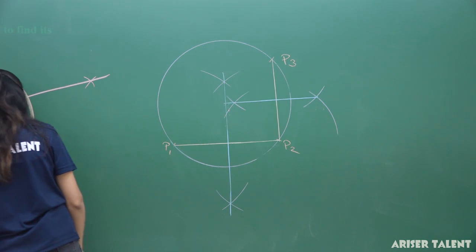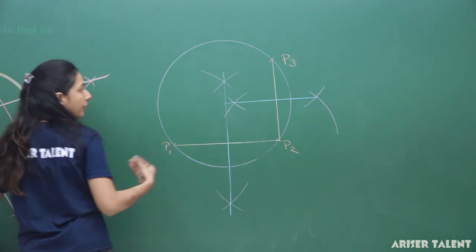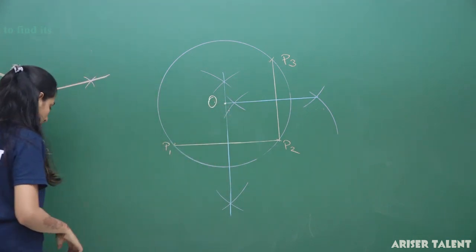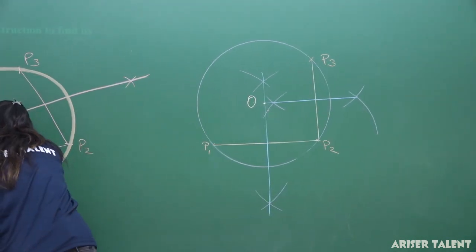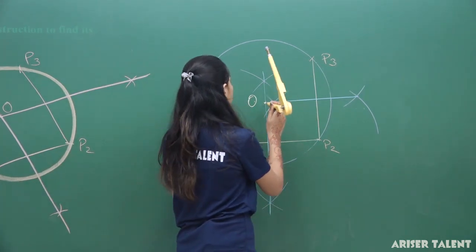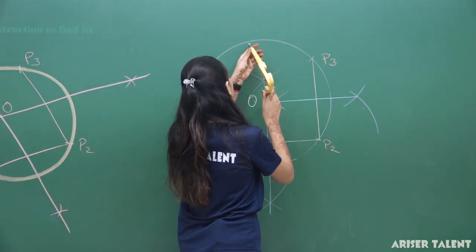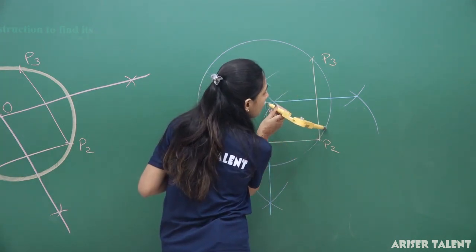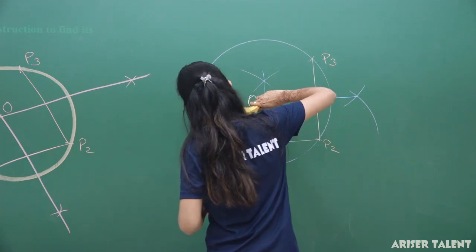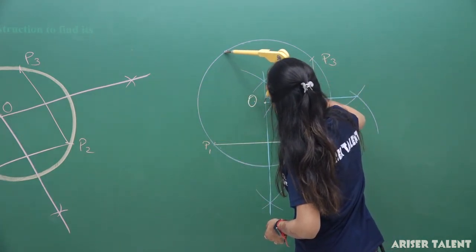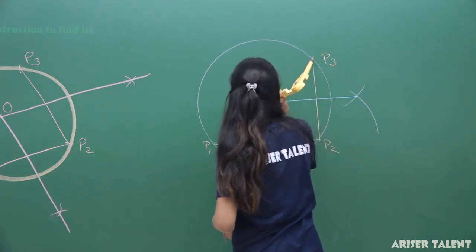So the intersection point of these 2 lines is what? This will be your center O. And when you take this center O as center, and mark a point here, or here, or here, you will find that it is the same distance from each and every point.